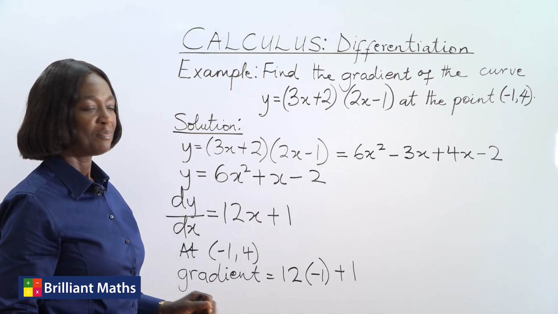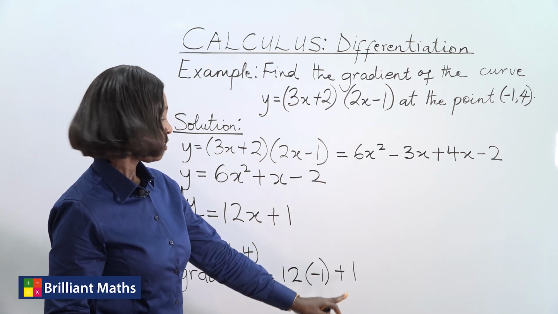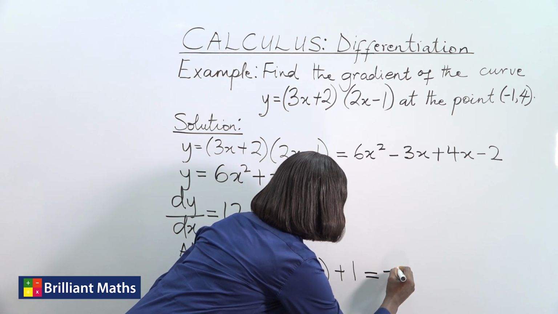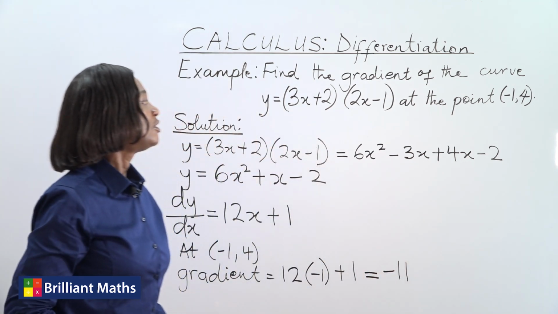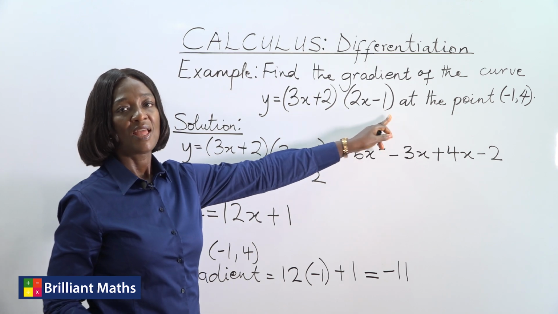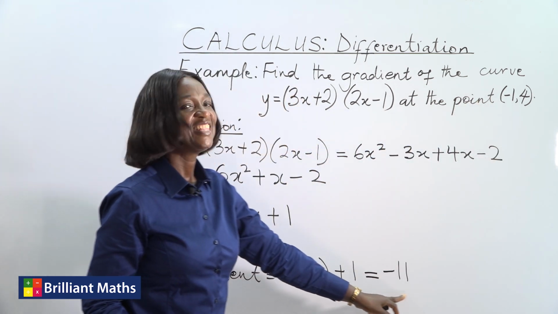And what would that be? That becomes minus 12 plus 1, and that's equal to minus 11. So the gradient of that curve at that point is minus 11.